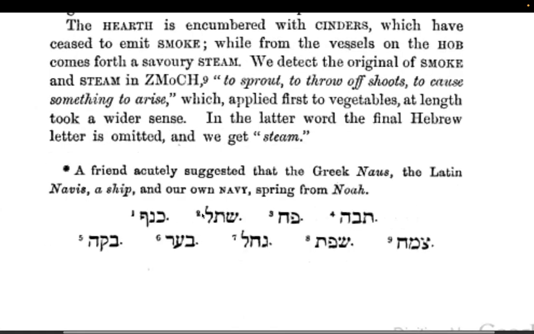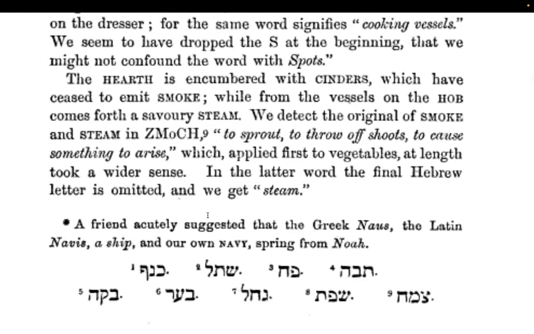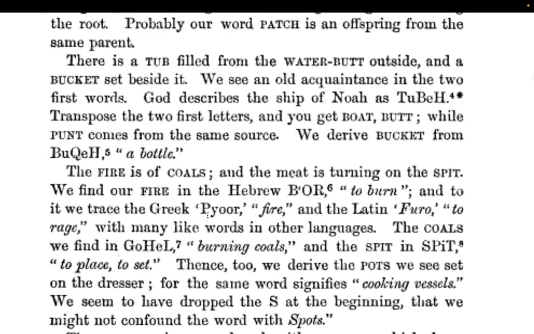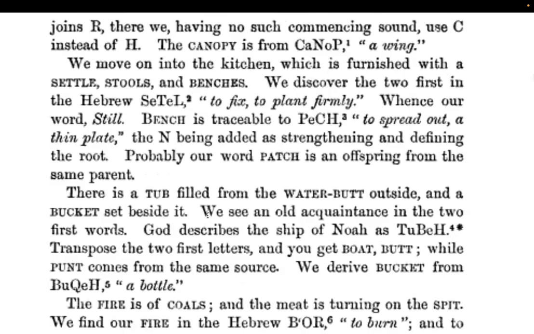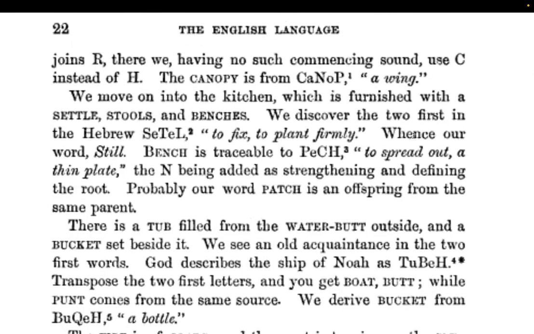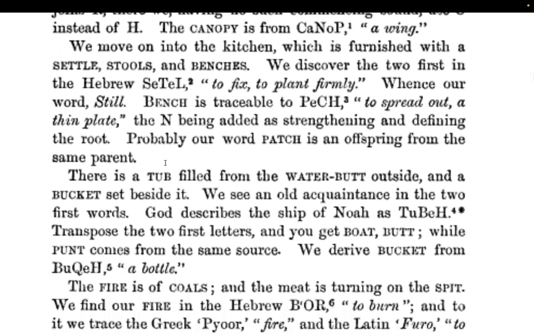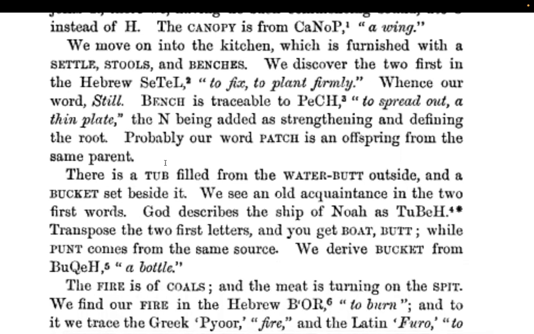And that's setel, sheen, tau, lamed, whence our word stool. Bench is traceable to pet, pech, to spread out, a thin plate, the N being added as strengthening and defining the root. Probably our word patch is an offspring from the same parent.